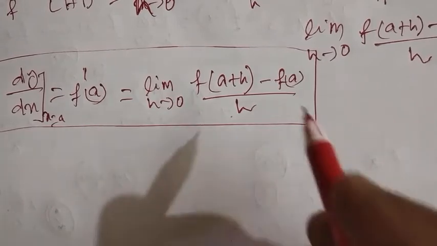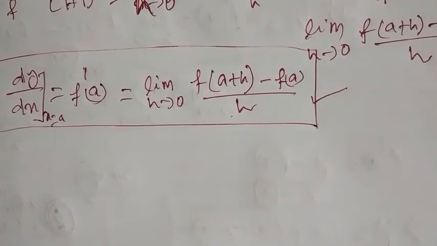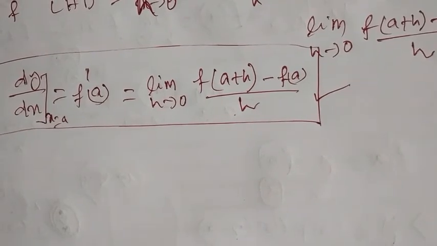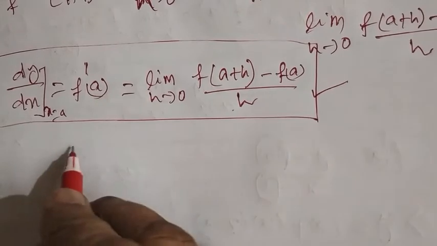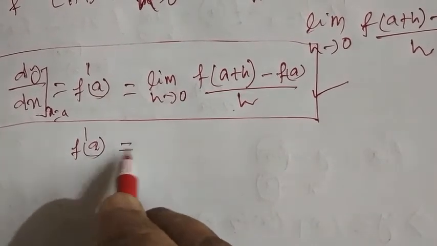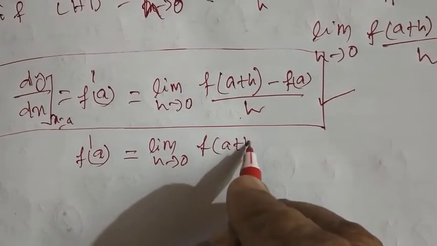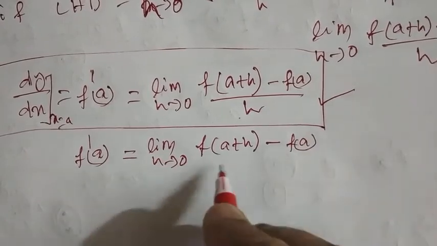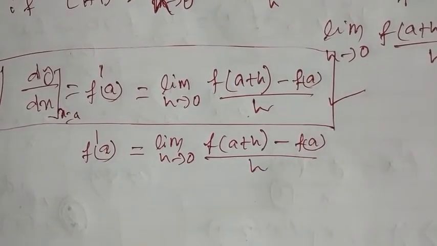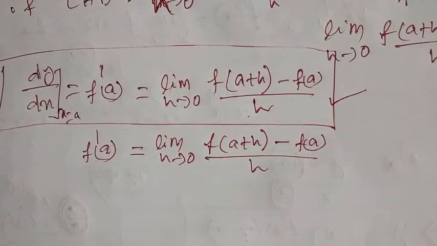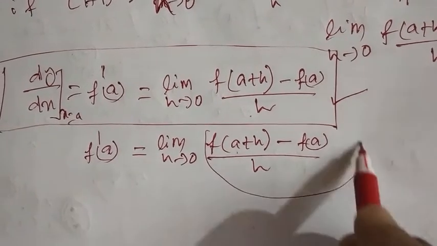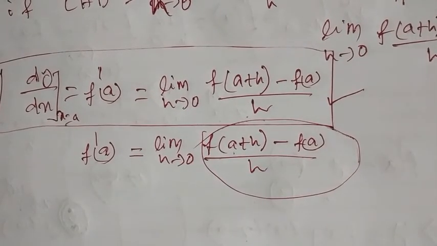Now, analyzing this logically, f dash a is nothing but limit h tends to 0 of f(a plus h) minus f(a) divided by h. That is, when I make h sufficiently close to 0, the limit of this ratio is known as the derivative at x equal to a.